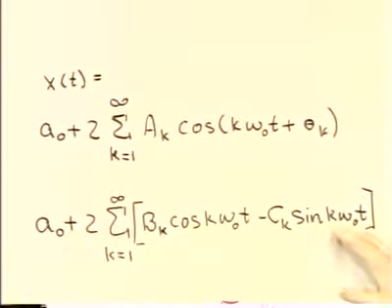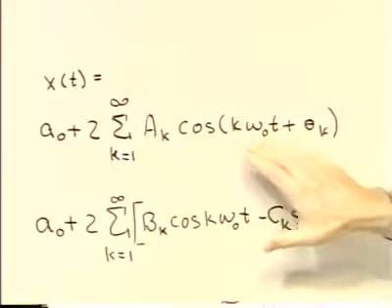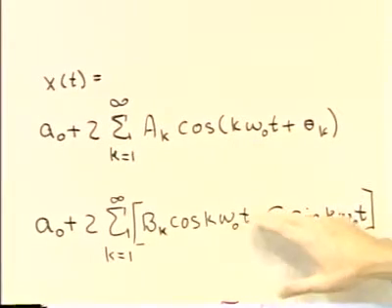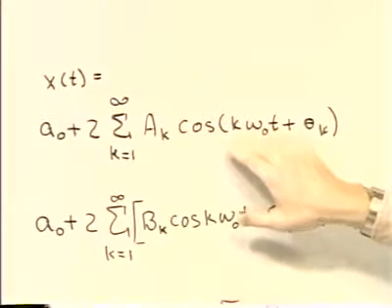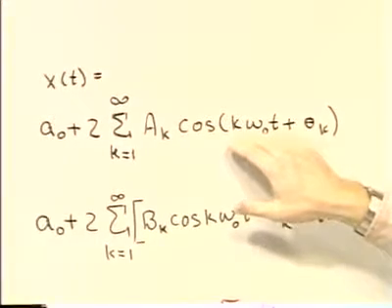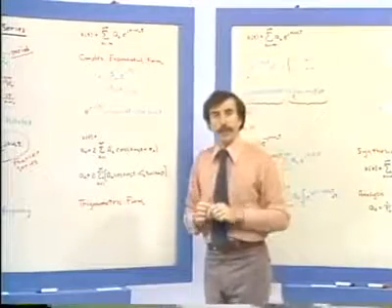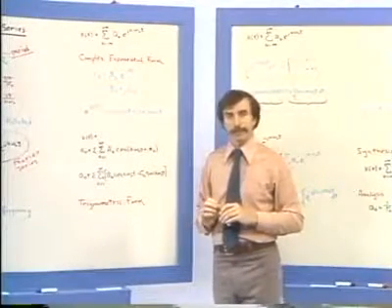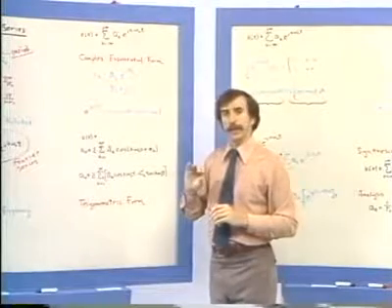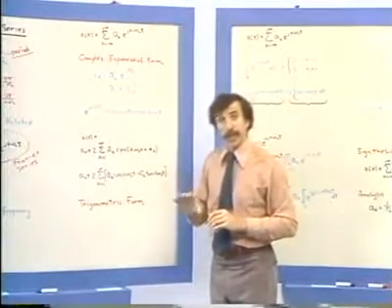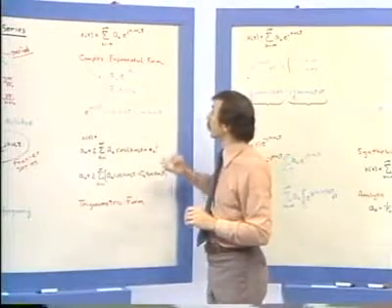Now, in this representation, the frequencies of the sinusoids vary only over positive frequencies. And typically, one thinks of periodic signals as having positive frequencies associated with them. However, let's look back at the complex exponential form for the Fourier series at the top of the board.